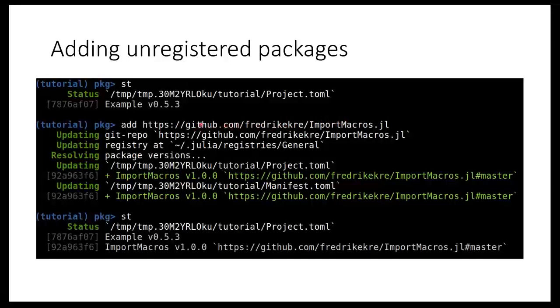When you do this, it will basically pull that package from GitHub and then add the package into your local virtual environment. As you do that, it will also try to check the registry at the general registry. And after this, you will see that your project and manifest are both updated with this newly added package.